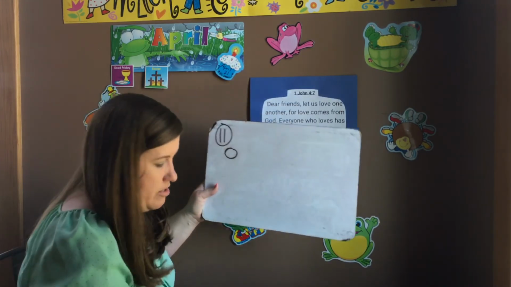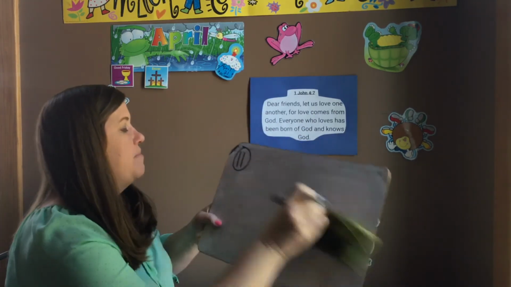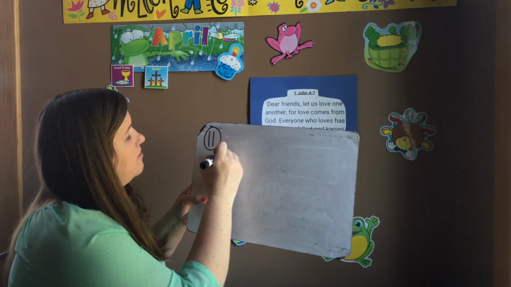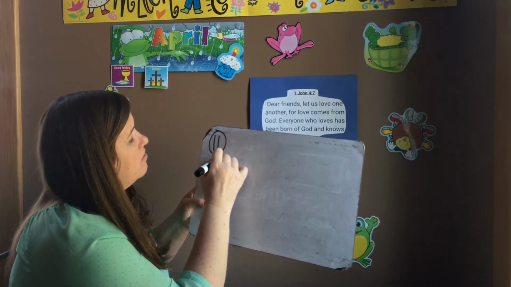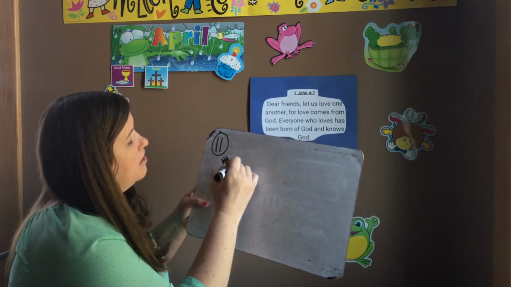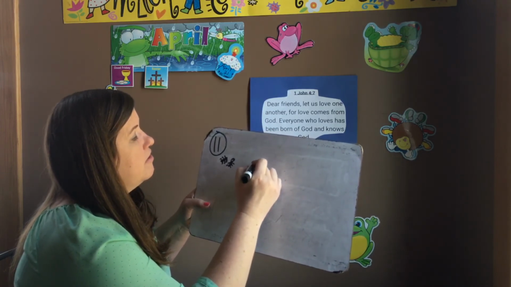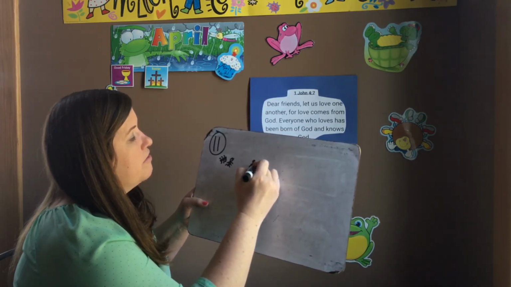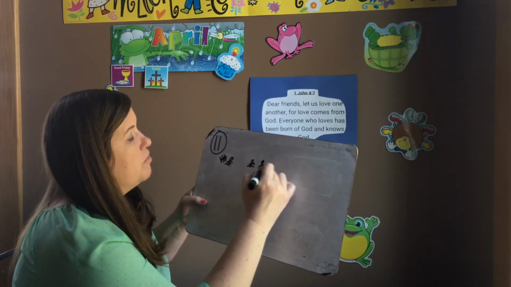Oh, I should draw a smaller ant. I'm not gonna have room for that. Okay, so we're gonna make little ants. 1, I'm not making them correct. 1, 2, 3, 4.